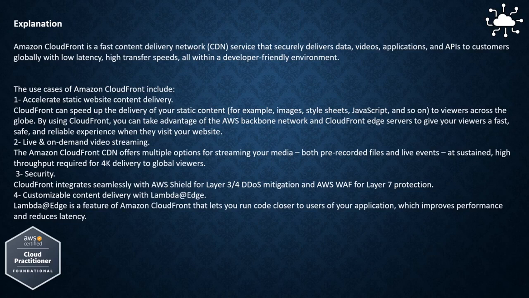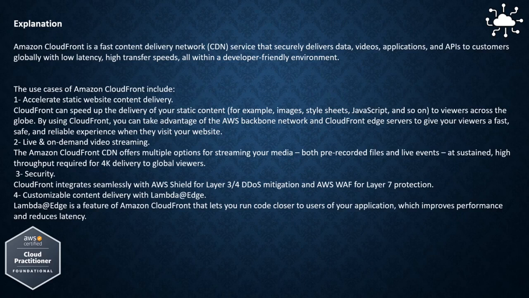2. Live and on-demand video streaming. The Amazon CloudFront CDN offers multiple options for streaming your media, both pre-recorded files and live events, at sustained, high throughput required for 4K delivery to global viewers. 3. Security.